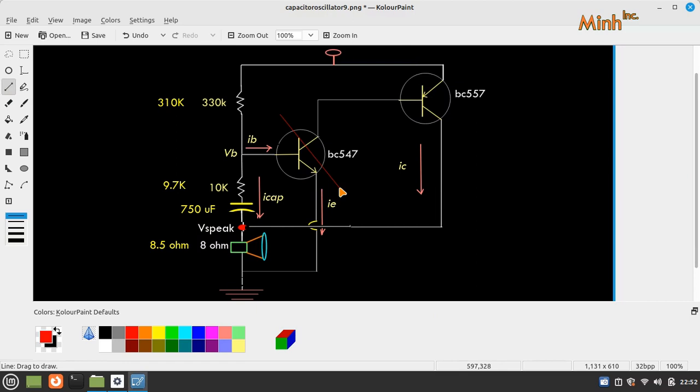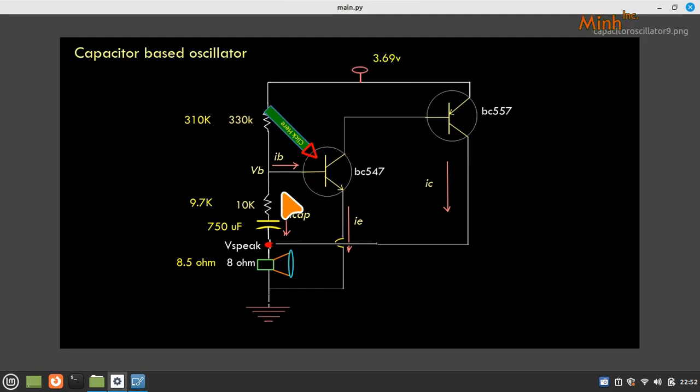This is a very big thing. This area is dead. When the capacitor is charging from this direction, in the transistor circuit there is no current in IB, and it is dead. So it is taking complete charge from the voltage source.